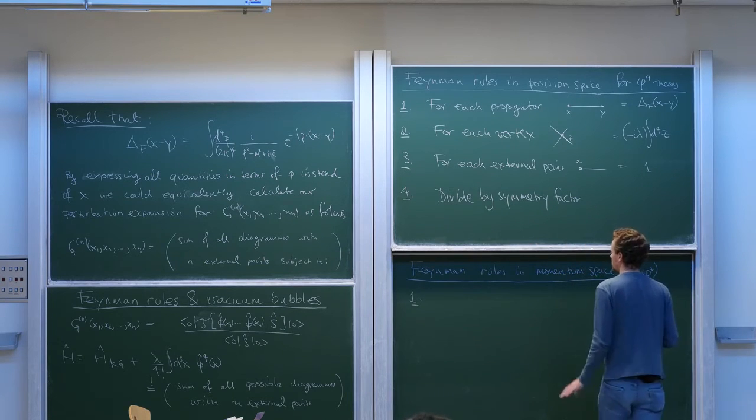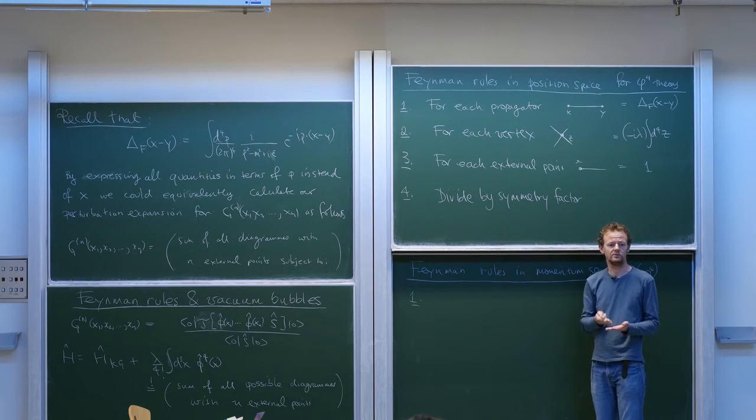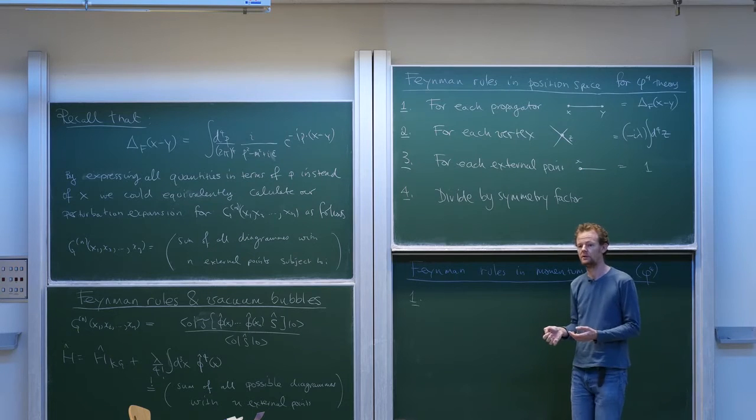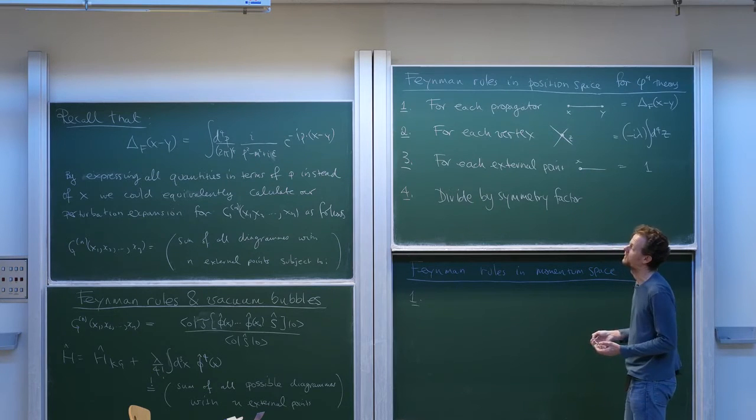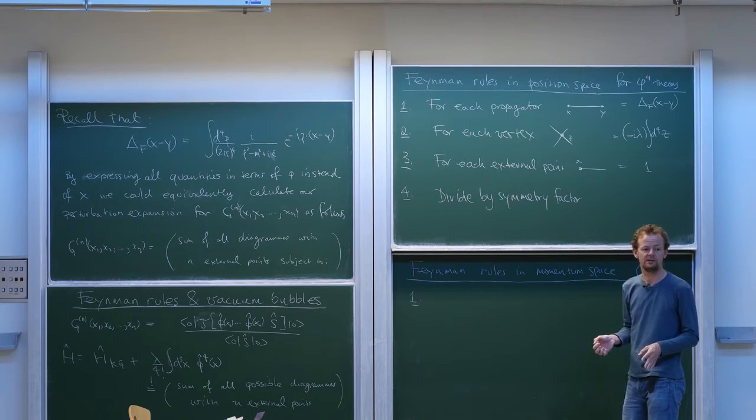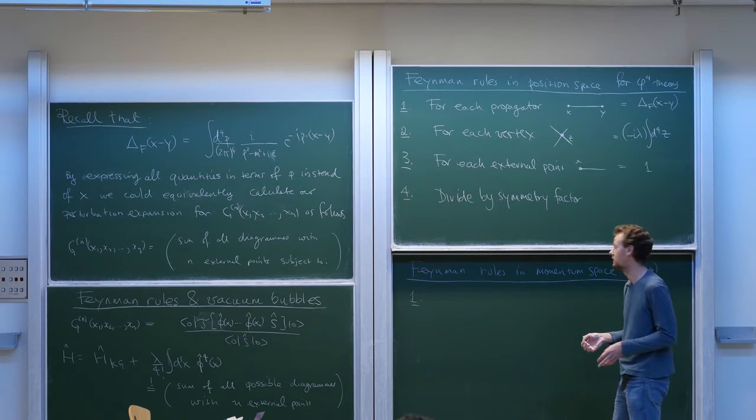It's sometimes convenient, especially in scattering theory, when you have states with a definite momentum coming in, or a near definite momentum, to work in momentum space. There is some advantage to this. And also, it's probably the nicer way to see certain cancellations and symmetries in these diagrams.